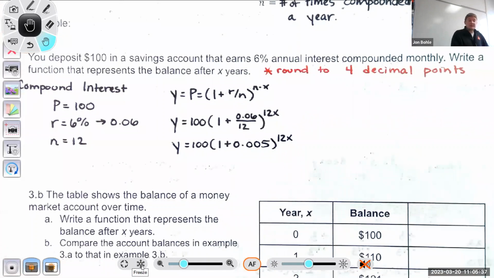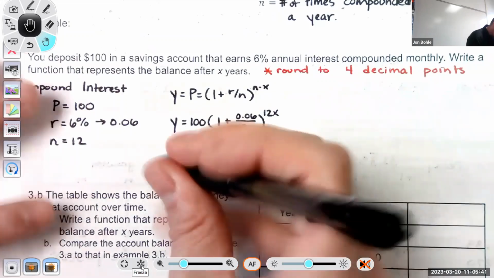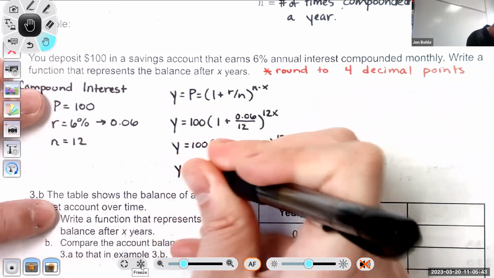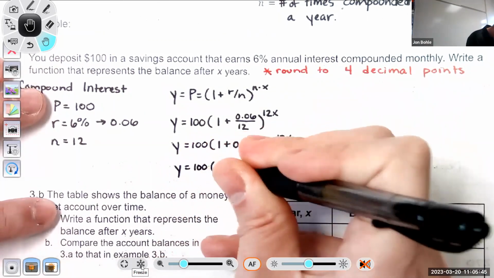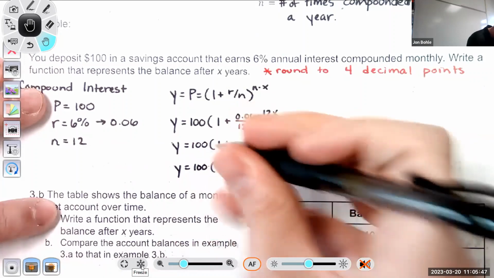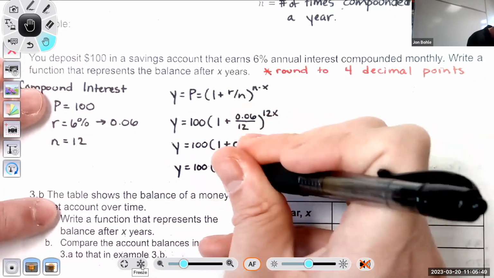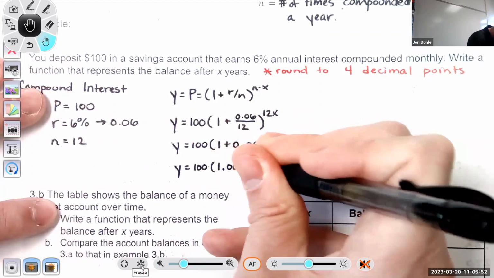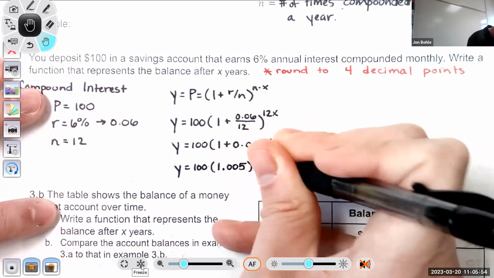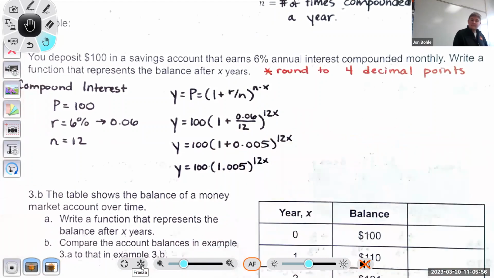Well, the next part's pretty easy. 1 plus 0.005. Okay. All right, we're going to use a little exponent property here.